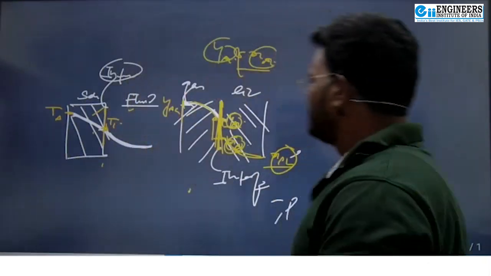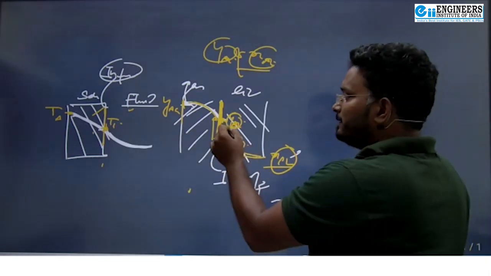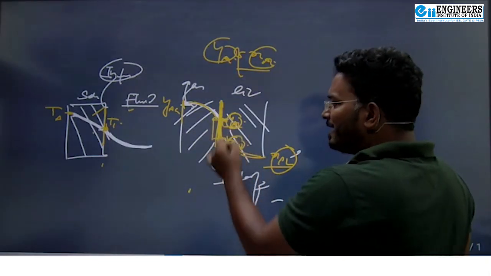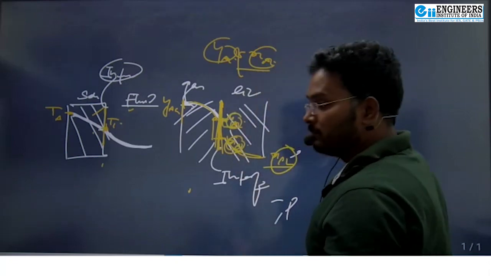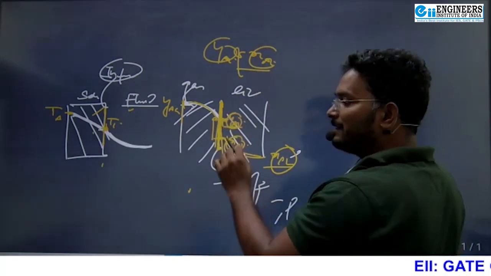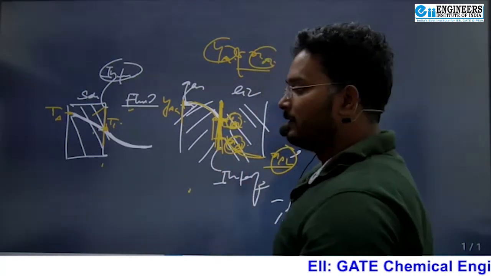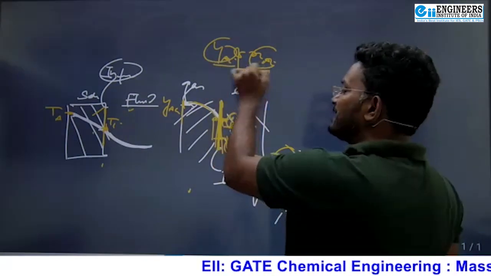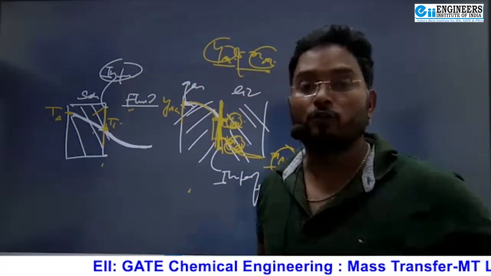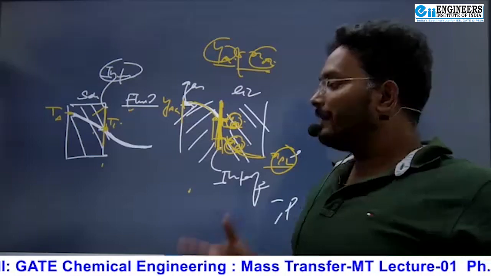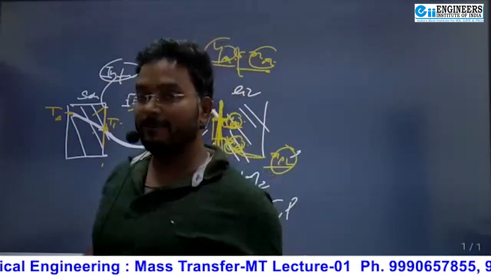It means YAI and XAI are in equilibrium at the interface. They are the equilibrium values of A at the interface in the gas phase and the liquid phase.